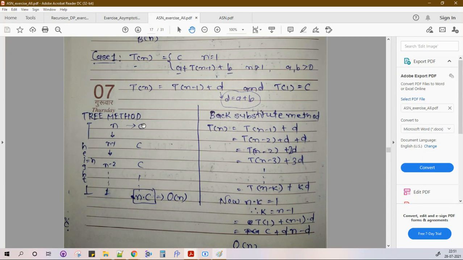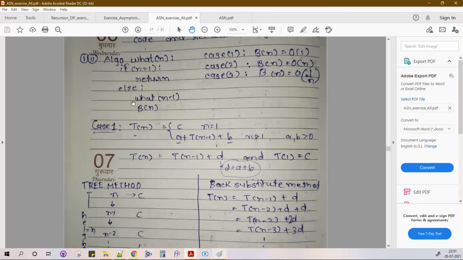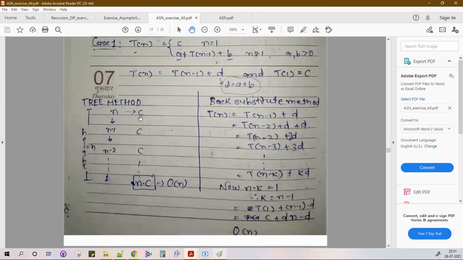Whatever the value of n is, I am doing the constant work. That is nothing but the comparison and b of n, calling the b of n, right? So C, C, C, C, C. So how many C are there? The height of the tree is nothing but n multiplied by C. So this is the amount of work that I am doing. So n into C is nothing but order of n, right? So the tree method is very useful when you have straightforward cases, right?